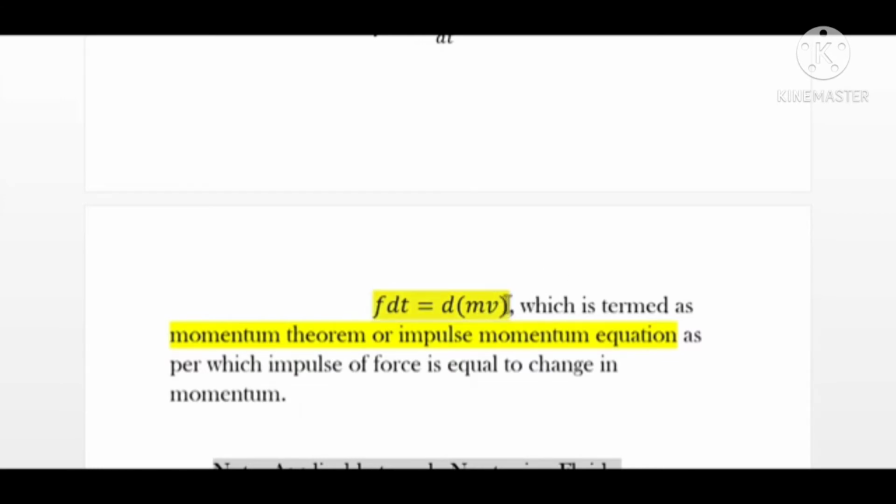So here we can see that impulse is equal to change of momentum. This equation, that is impulse is equal to change in momentum, is termed as momentum theorem or momentum equation or impulse momentum equation.